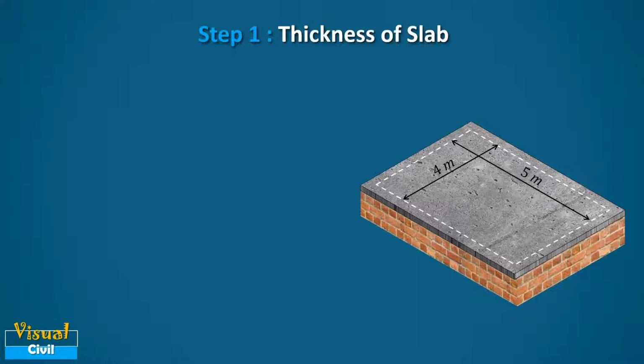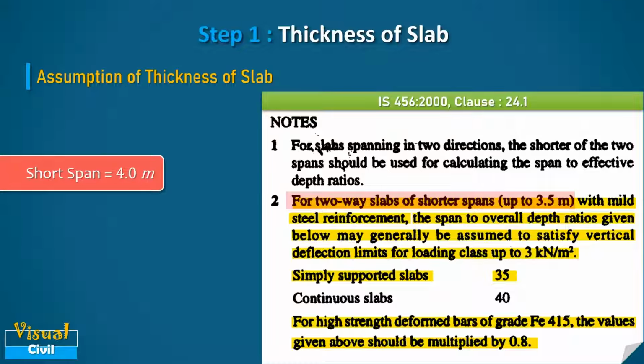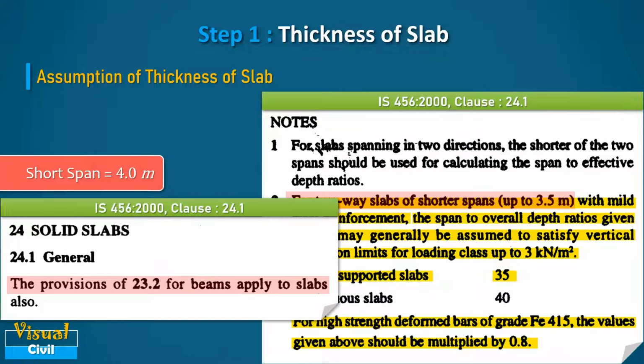In the first step, let us assume the thickness of slab based on the deflection criteria. Notes in clause 24.1 give the span to depth ratio for the two-way slab of span up to 3.5 meter. As the short span of this slab is 4 meter, the span to depth ratio given in clause 23.2 will be used.